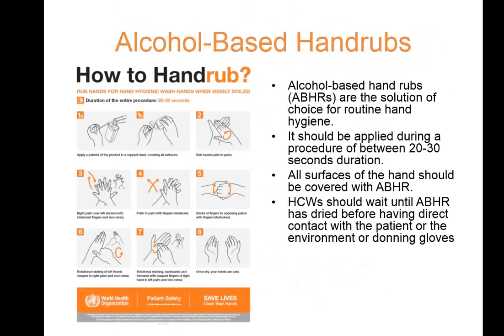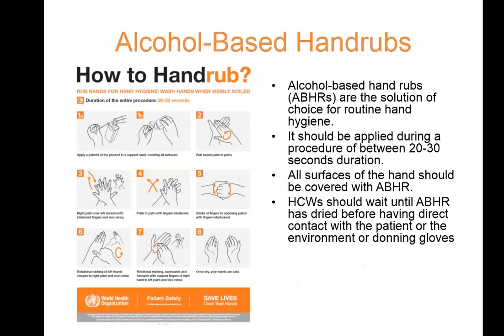So it's worthwhile looking at a generic World Health Organization piece of advice on how to use alcohol-based hand rubs. These are usually waterless. They can be any number of different solutions. It could be a liquid, a gel, or a foam.